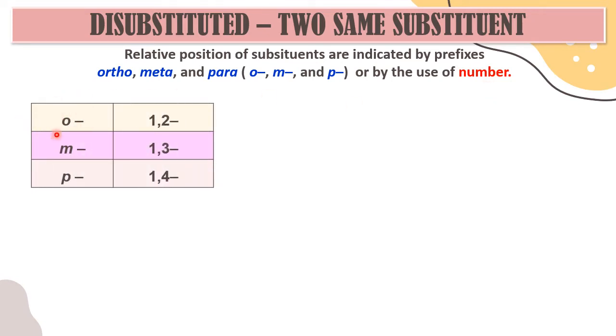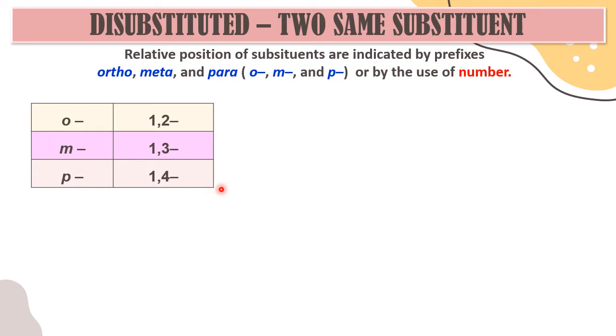When I talk about the ortho position, it means the 2 substituents are located at carbon number 1 and carbon number 2. Meta is at carbon number 1 and carbon number 3. And lastly, para, one substituent is at carbon number 1 and the other substituent is at carbon number 4.